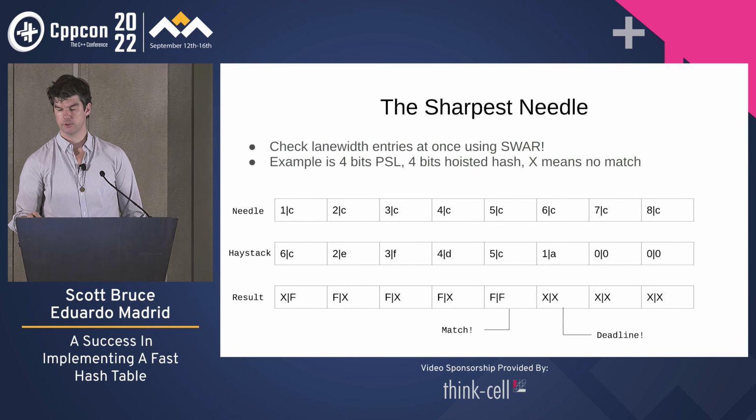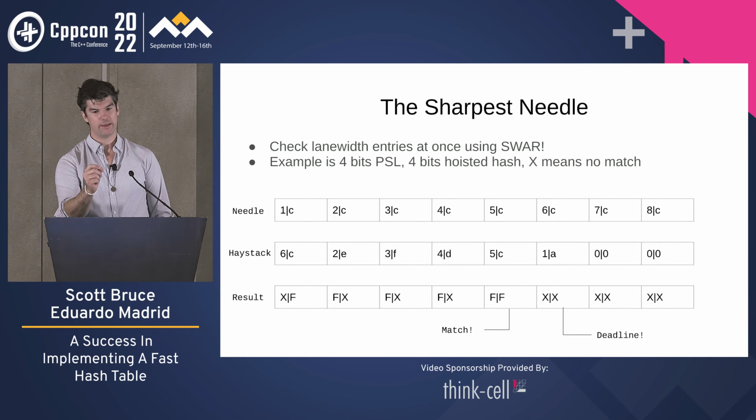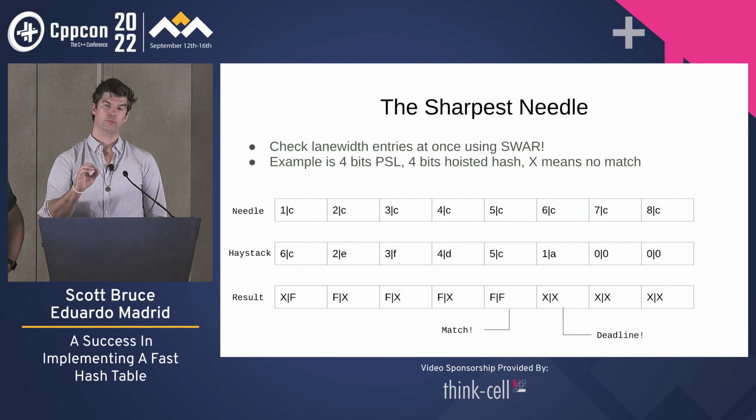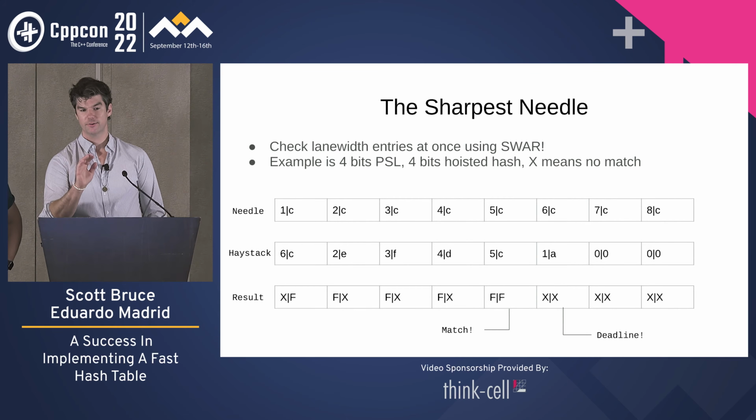So when we're doing our lookups, we construct the sharpest needle. And we stab the haystack with it. We feel like this is a nice metaphor. Anyway, we construct a needle that is the probe sequence length starting from the home index and the hoisted hash bits.